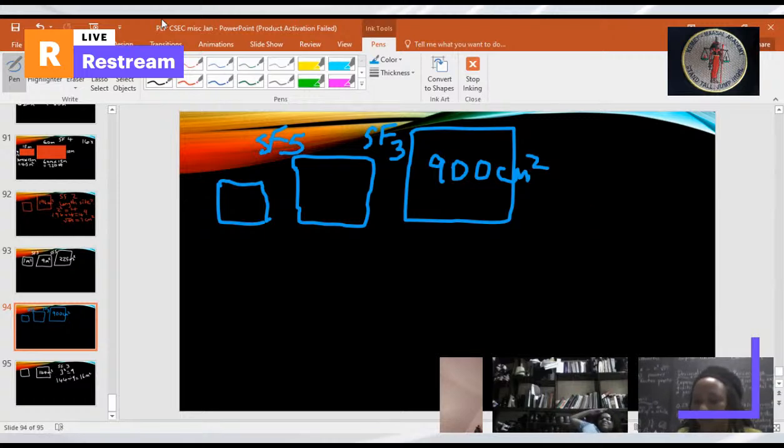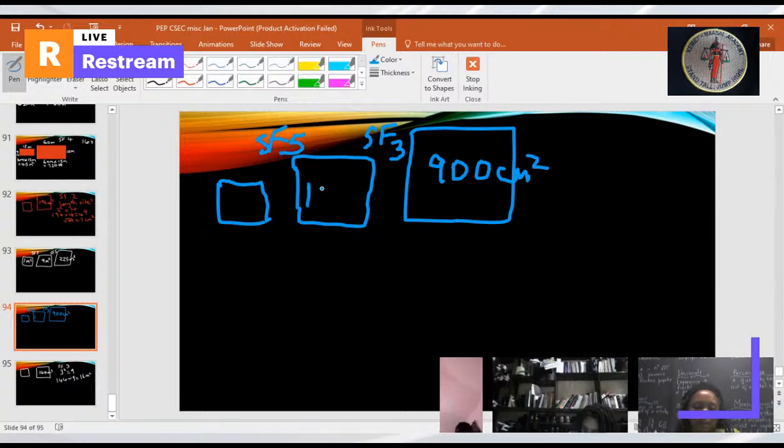What you get? Miss, since the scale factor between the biggest and medium one is 3, the biggest one would be 9 times the middle square. So 900 divided by 9 is 100.